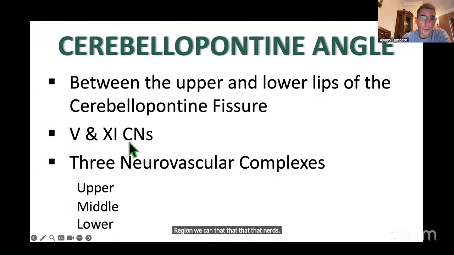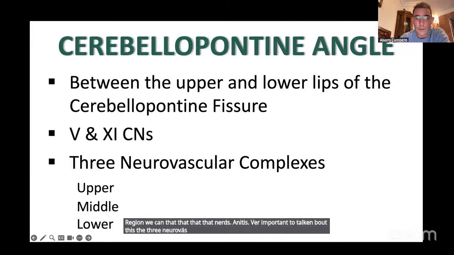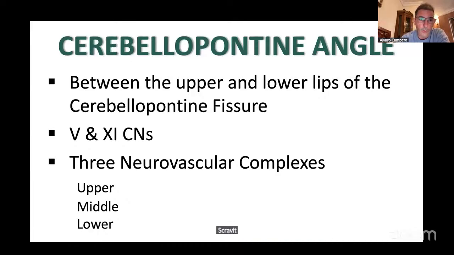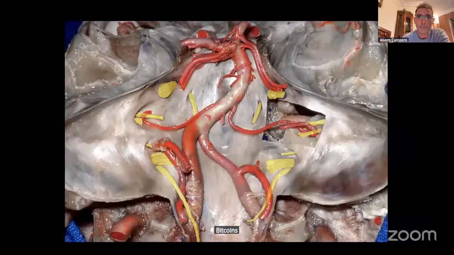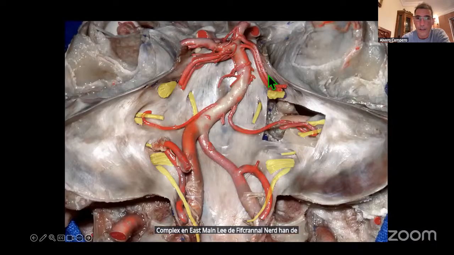It is very important to talk about the three neurovascular complexes that Professor Rhoton described many years ago. Thank you, Professor Rhoton, for this idea. We have the upper complex, which is mainly the fifth cranial nerve and the superior cerebellar artery.